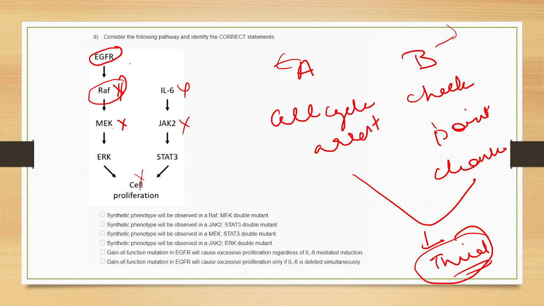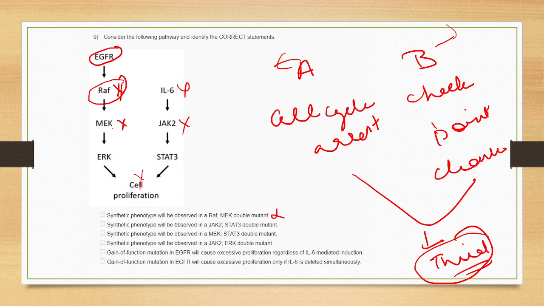So now, after all this explanation, if you go through the question, the first option says synthetic phenotype will be observed in a RAF and MEK double mutant. Just now we have explained. So will there be any synthetic phenotype? RAF and MEK belong to the same pathway. So no, there will not be any synthetic phenotype.